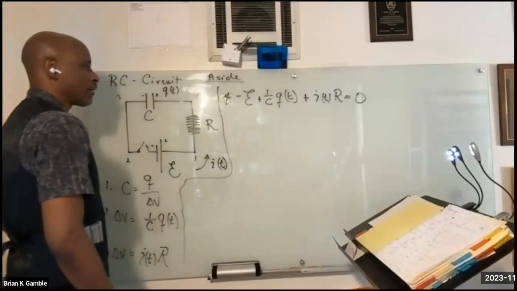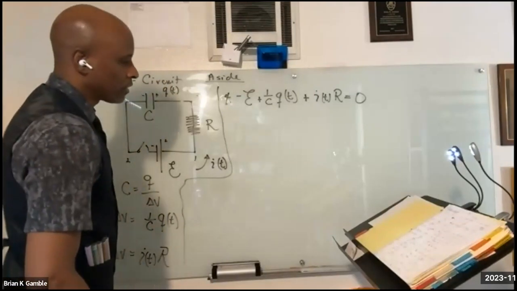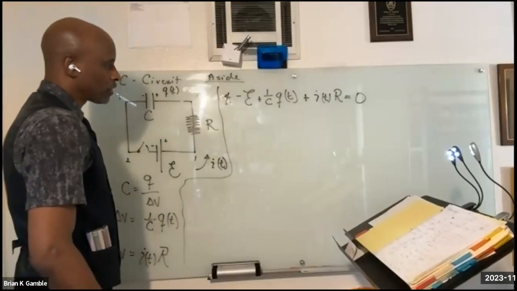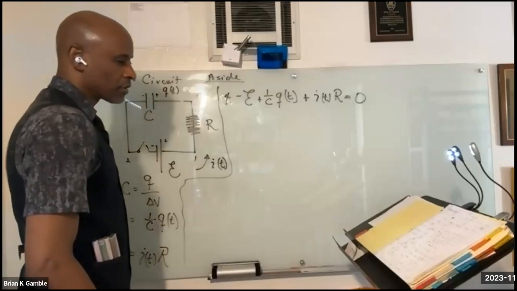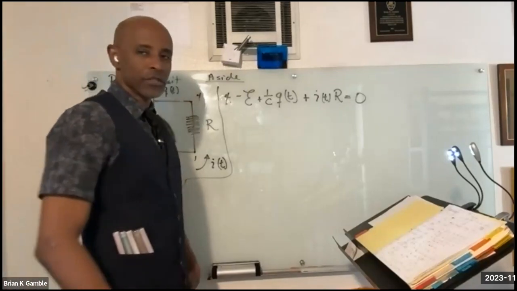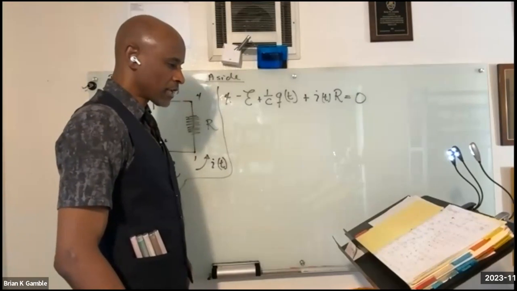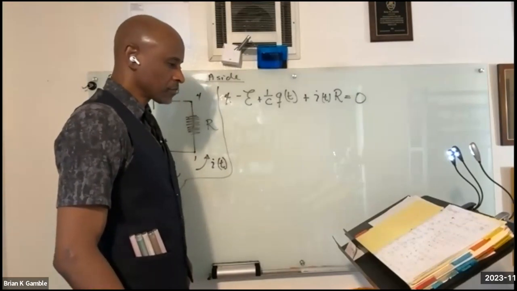It means that I want to get everything with I, the current stuff, on one side and everything with charge on the other side of the equation. Charge stuff, or things that have units of charge.